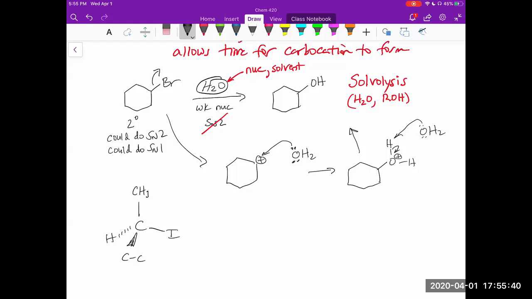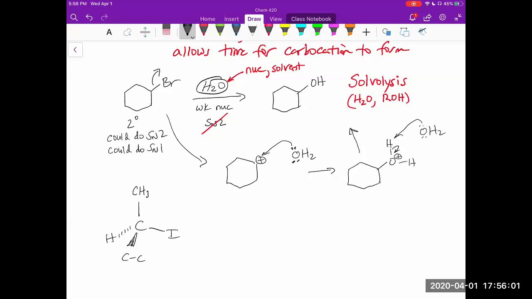Aren't H2O and ROH weak nucleophiles, so they wouldn't really be for SN2s? Right, they won't do SN2s. So you won't see water in an SN2 reaction. SN2s won't do solvolysis.